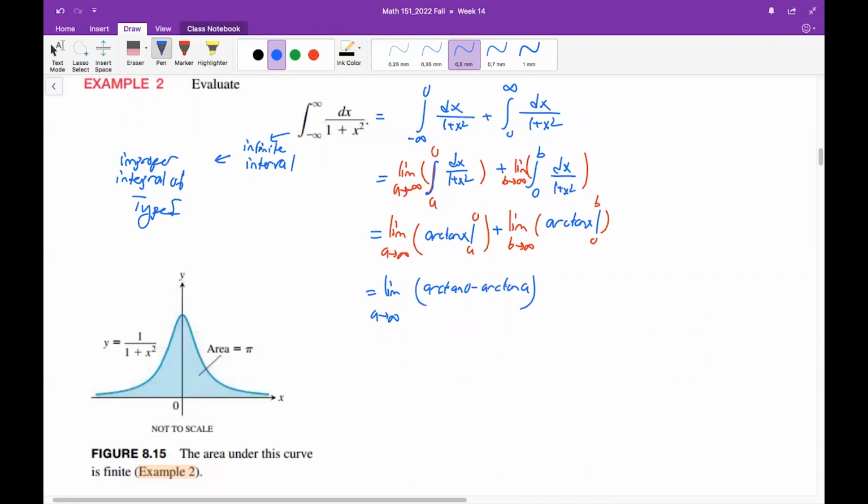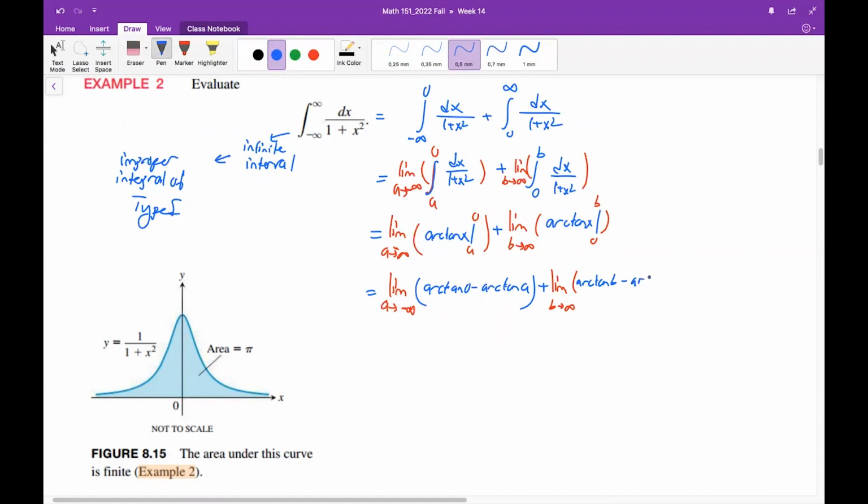This is our first limit. We also have the second term: plus, again, limit as b goes to plus infinity this time, of arctangent b minus arctangent 0.